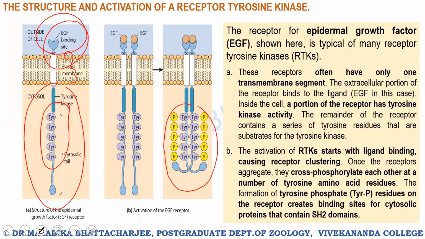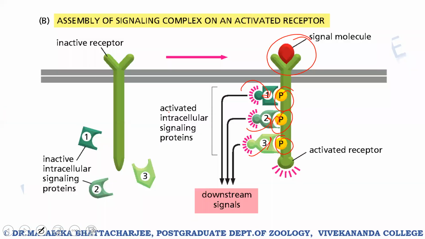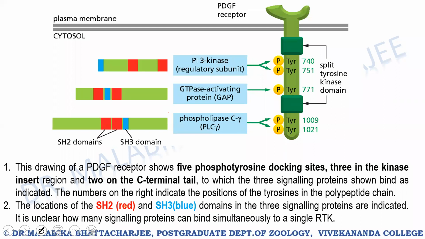So when we are now moving on to seeing the structural facets of this receptor, we are seeing that this is the tyrosine kinase domain, which is split. And in between, there are three important tyrosine residues, which are phosphorylated. Now you see the message that is perceived when the tyrosine residues are phosphorylated.